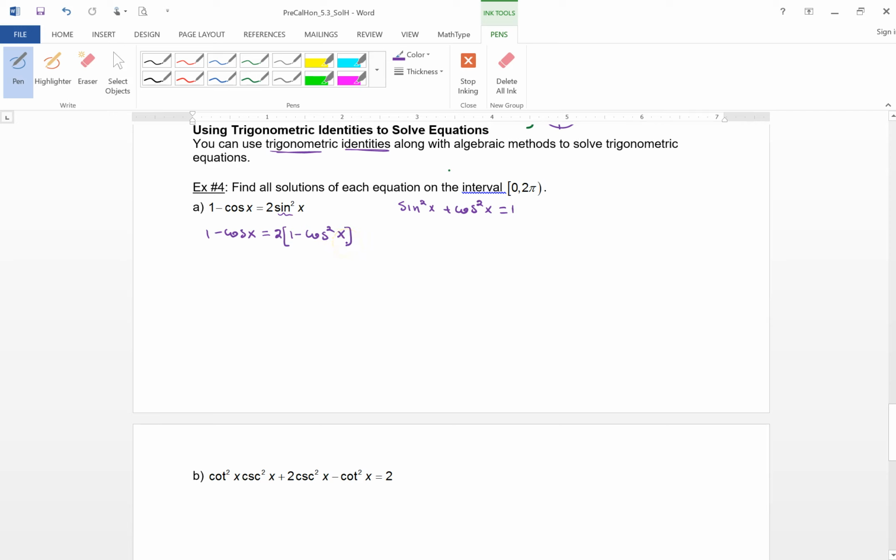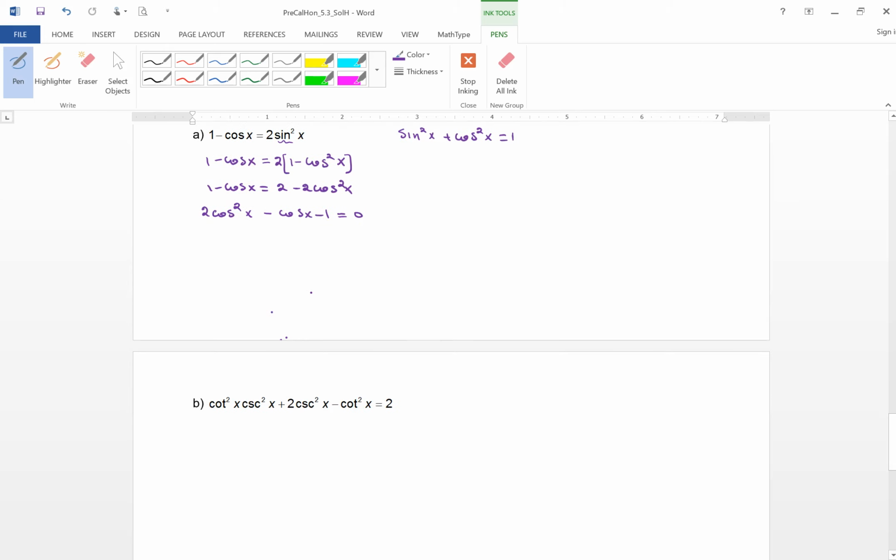I distribute and bring everything to the same side. So 2 cosine squared x minus cosine x minus 1 is equal to 0. This is a quadratic equation in cosine, so I have to solve it by factoring. Two cosine x plus 1, cosine x minus 1.